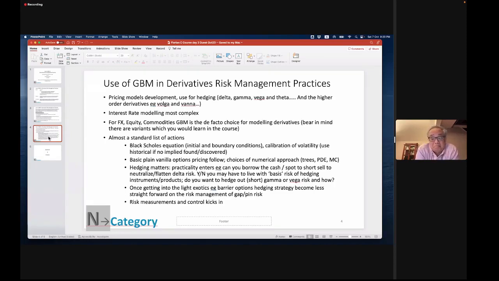It can actually be used, provided you find a way to solve it, for American options. There are more complex options as well: barrier options, single barrier, double barriers, one touch, digitals. There are variations in terms of the conditions, what we call initial conditions or boundary conditions, just applied to the Black-Scholes equation.